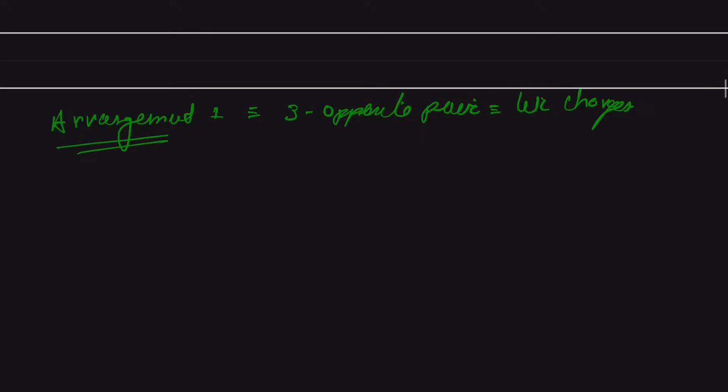Therefore, we can say that the energy for these opposite charges will be equal to 3 times 1 upon 4 pi epsilon naught, and this will be plus e square upon the distance between these two, which is square root of 2 times a.